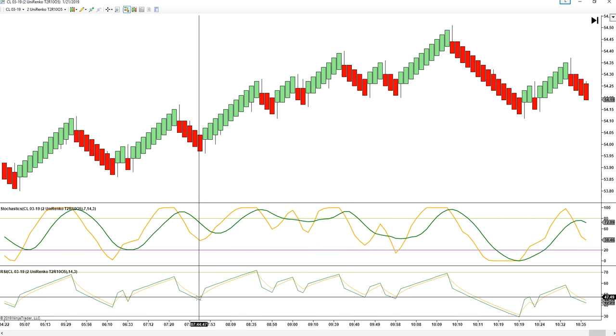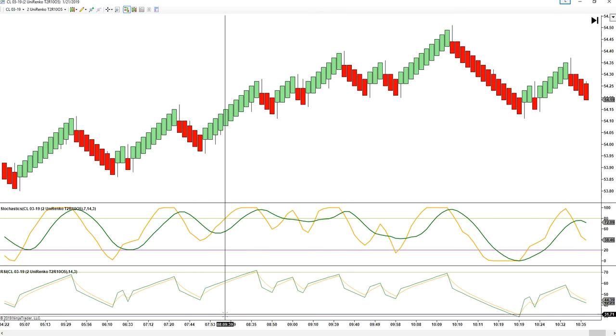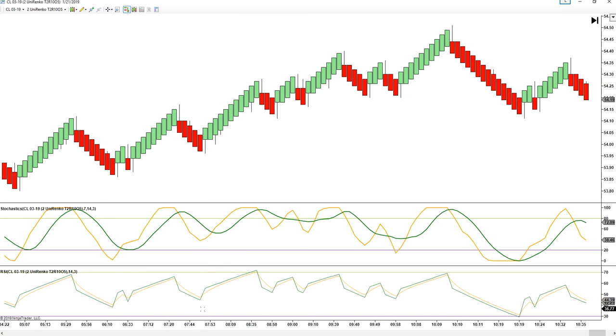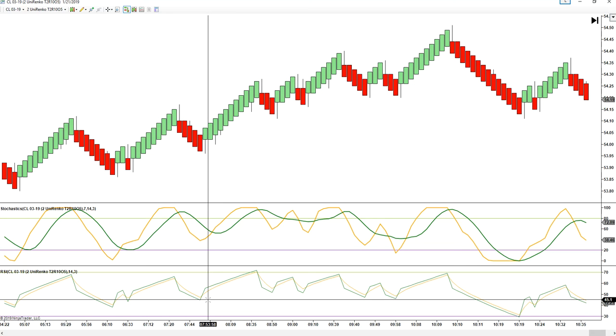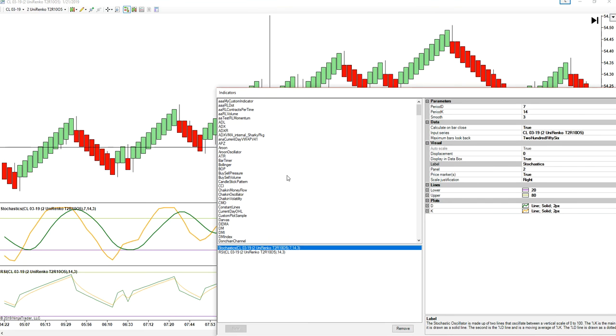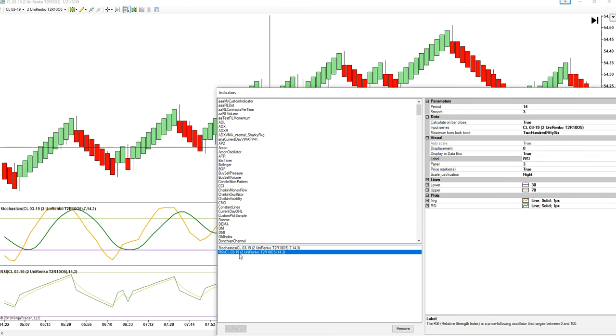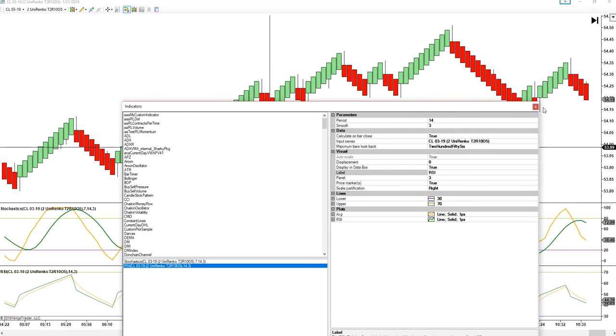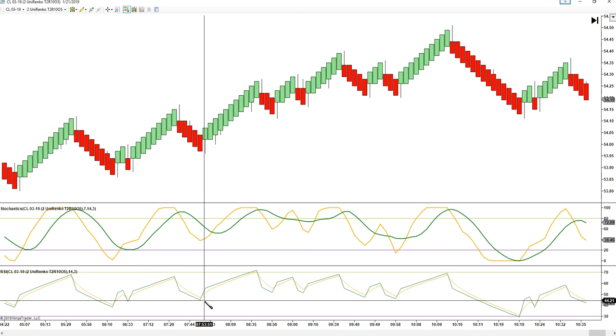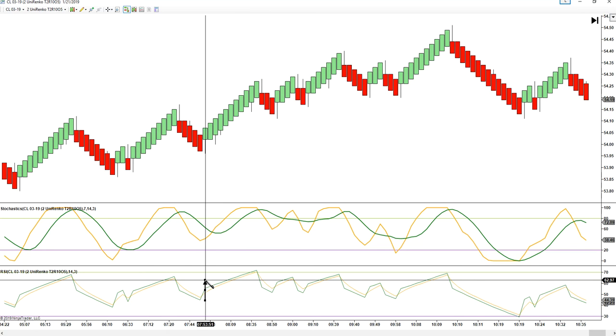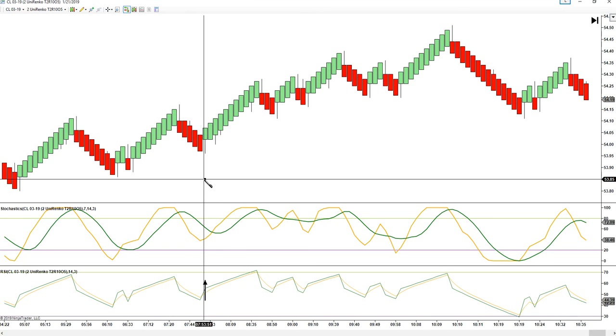And what you're going to look for again is a cross of the oscillator line with the signal line. Now in this case, the RSI line is the green line. So we're going to look for a cross right here and get an entry.